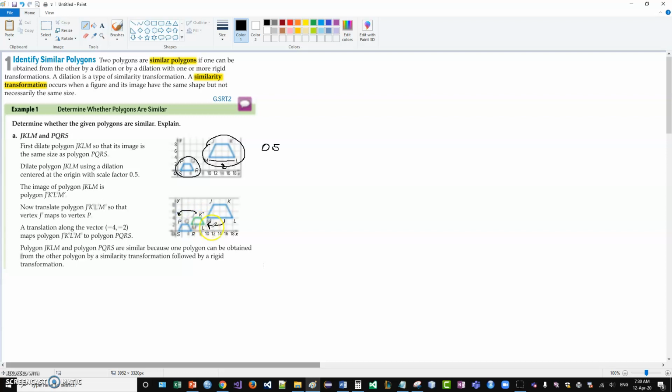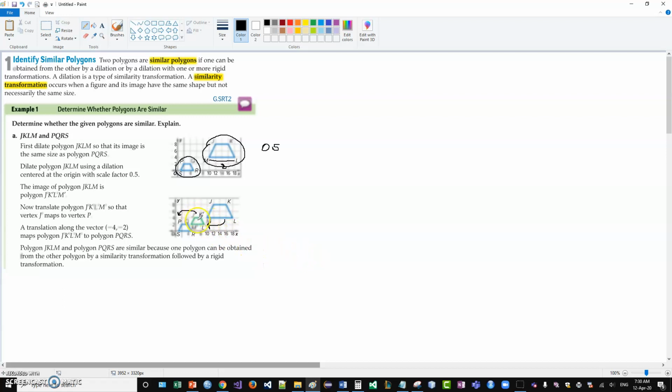A rigid transformation means moving the figure as is, as one piece, either to the left, to the right, or flipping it across the x-axis or across the y-axis. These are called rigid transformations. You're not changing the shape, you're just moving the object as one piece from one place to another.